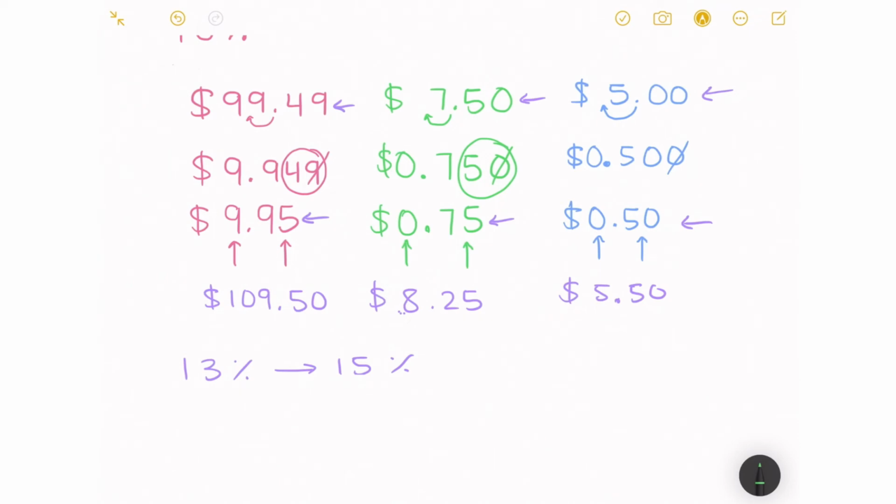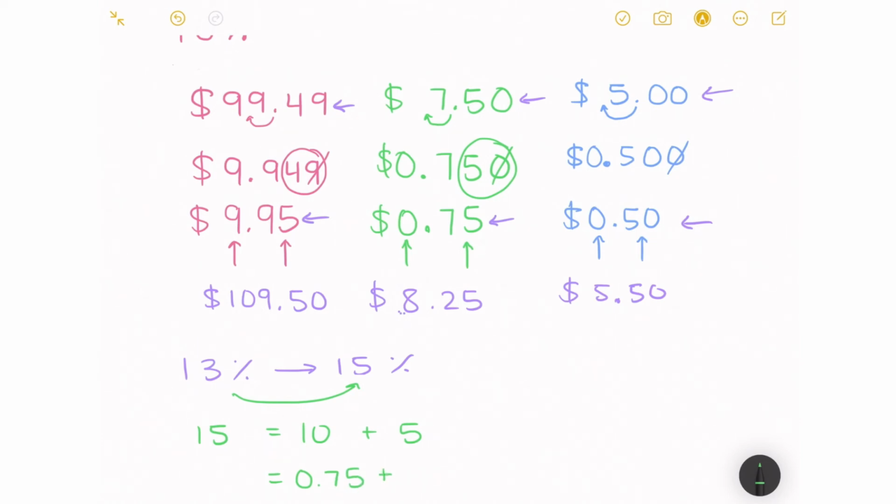Okay, let's figure out what our price would be for our green example of $7.50 if the tax were 13%. So again, we're going to round up to 15% and figure that out accordingly. 15% is 10 plus 5. We already know 10 is 75 cents or $0.75. And 5 is just half of that.